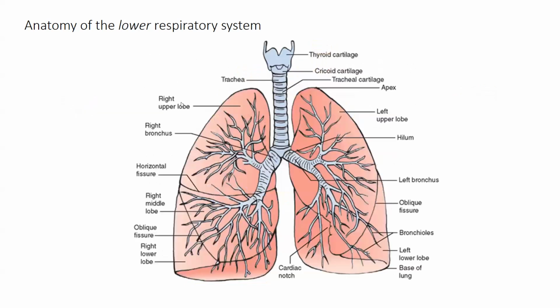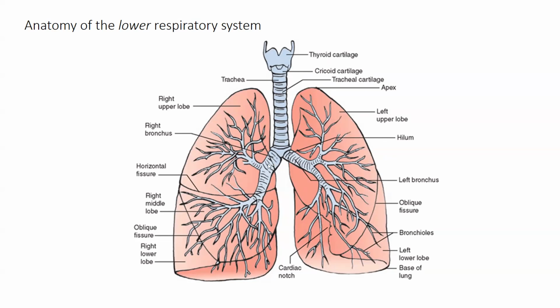The lower respiratory system is everything from the trachea on down into the depths of the lungs. So we see here that the trachea is the main airway, and it drops down into the thoracic cavity, the chest cavity, and bifurcates or splits into two main bronchi, the right and the left bronchi.